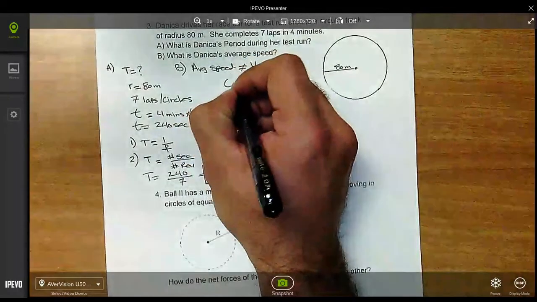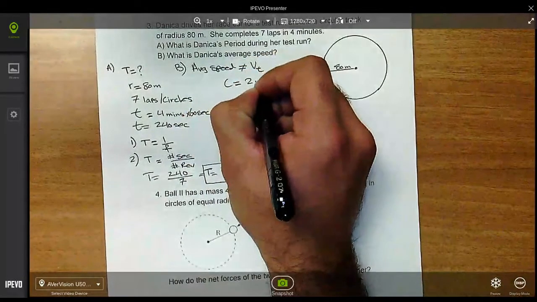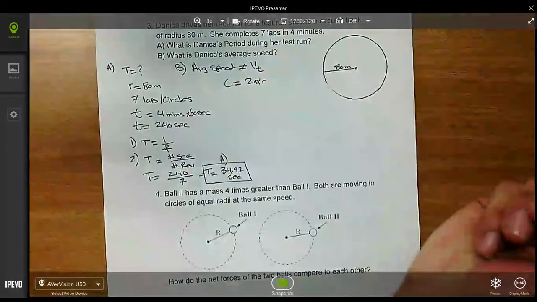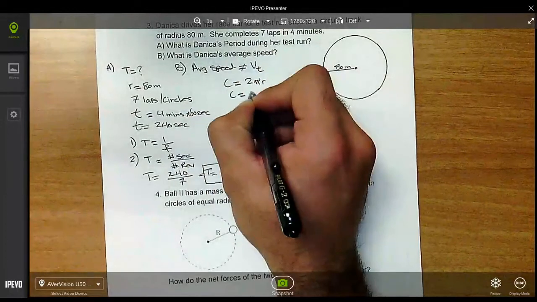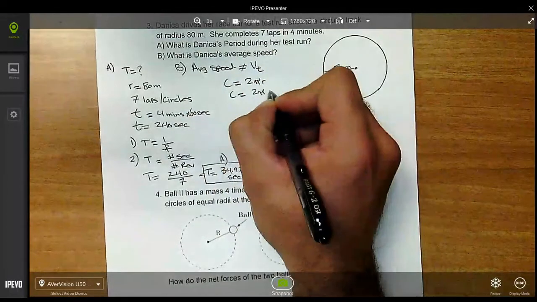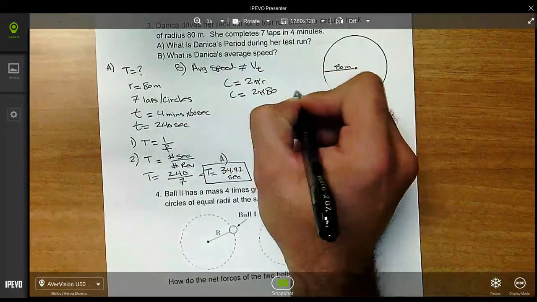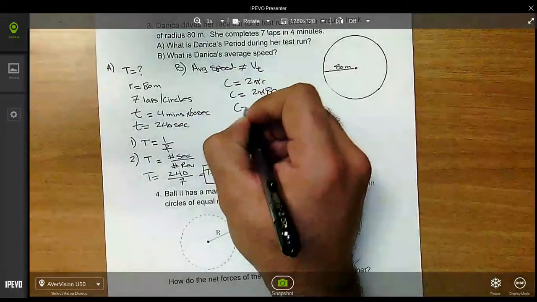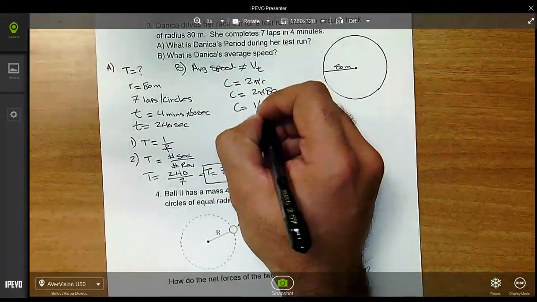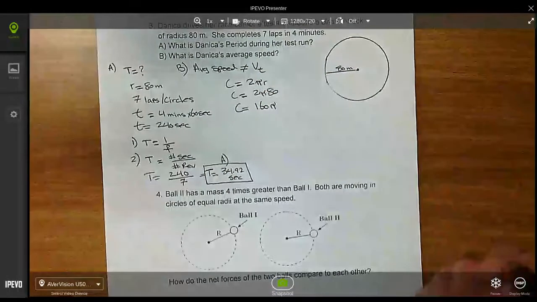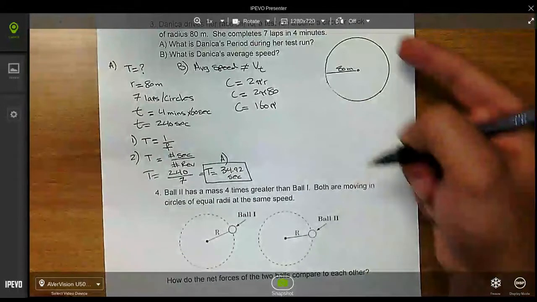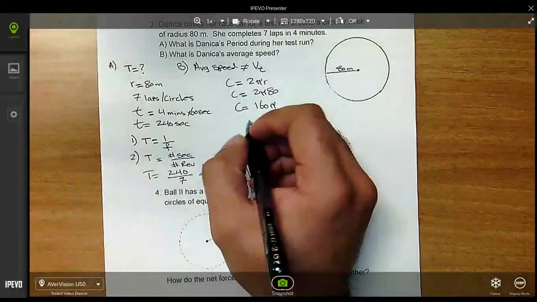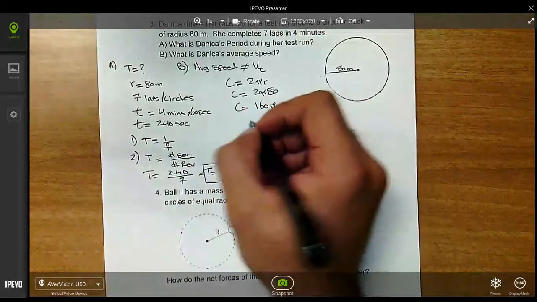So circumference is C is equal to 2 pi times r. And we're going to substitute our values. Circumference is equal to 2 pi times our radius of 80. So 2 times 80 is 160. C is equal to 160 pi. And once you punch that into your calculator, the circumference of this track is 502.65 meters.